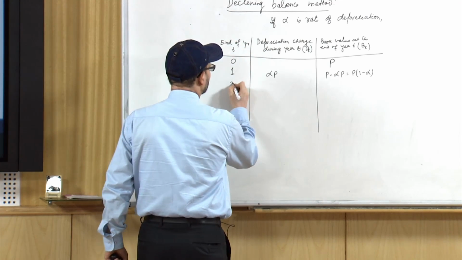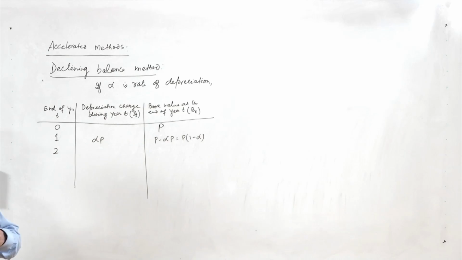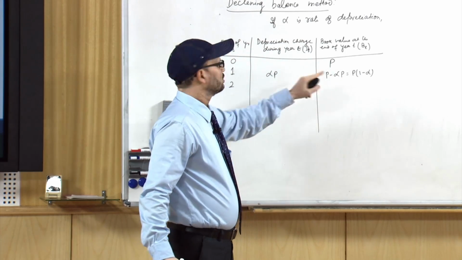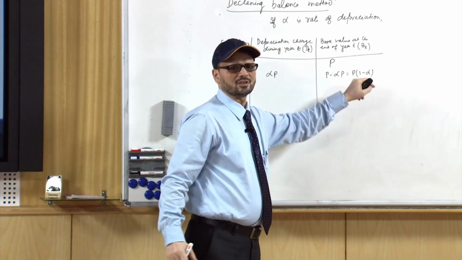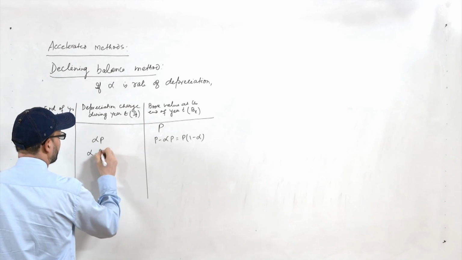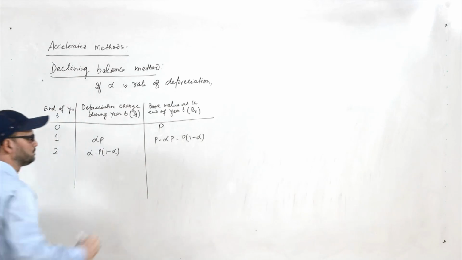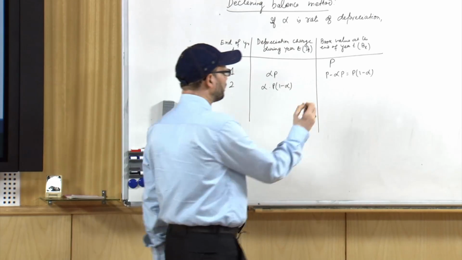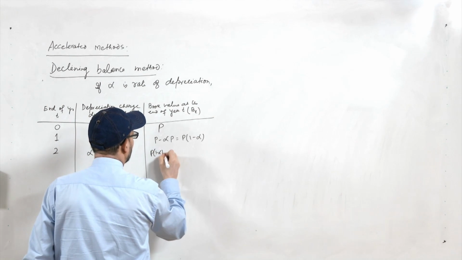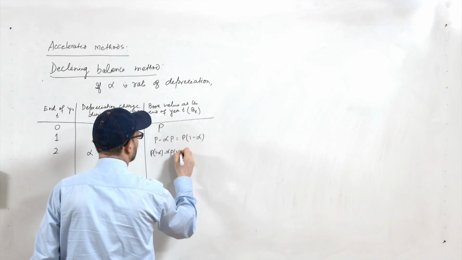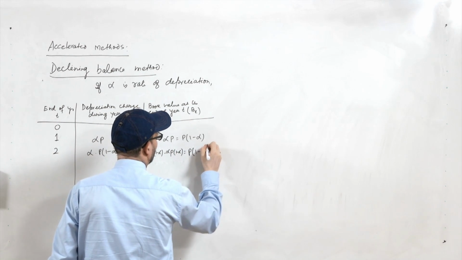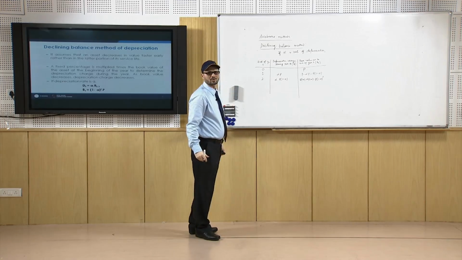In the second year, the depreciation charge is alpha times the book value at the end of the first year, so it is alpha times P into (1 minus alpha). The book value will be P into (1 minus alpha) times (1 minus alpha), which equals P into (1 minus alpha) raised to the power 2.